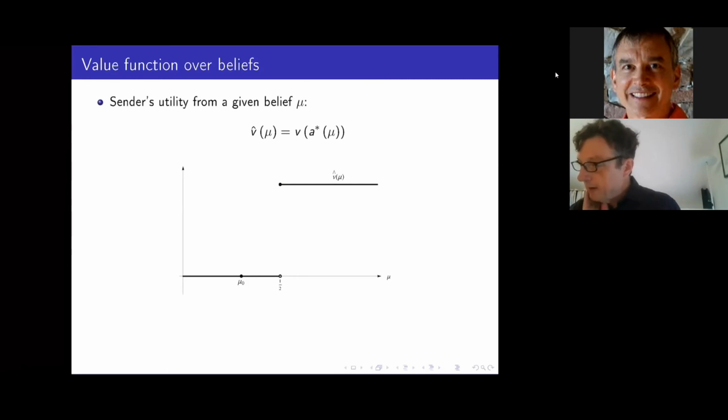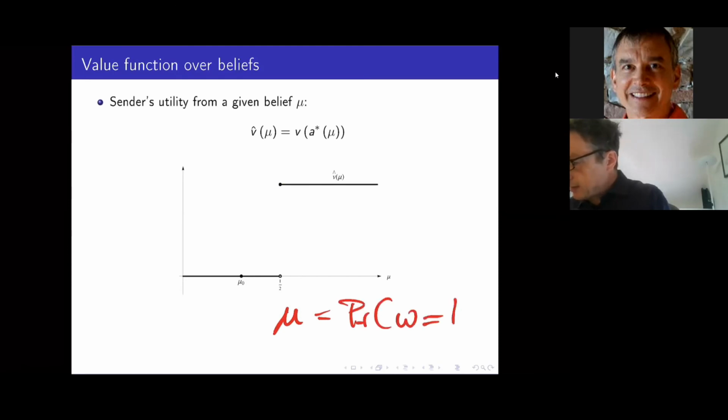We're going to illustrate everything in a two-dimensional diagram. And in this two-dimensional diagram, mu is the probability that the state is guilt, okay? And that's the x-axis.